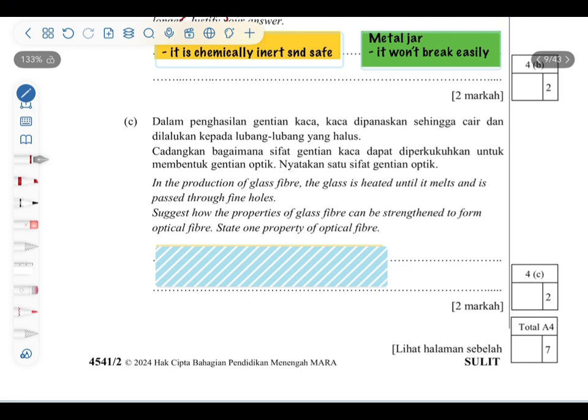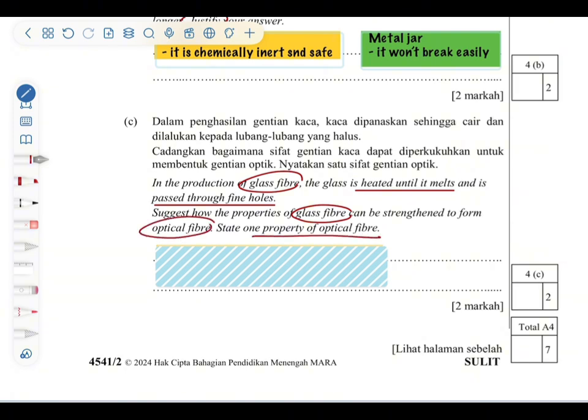Okay, for question C, in the production of glass fiber, the glass is heated until it melts and is passed through a fine hole. This is how we produce glass fiber. Then, explain how the properties of the glass fiber can be strengthened to form the optical fiber. Step 1, property of the optical fiber. You need to know first that optical fiber is used for telecommunication purposes.